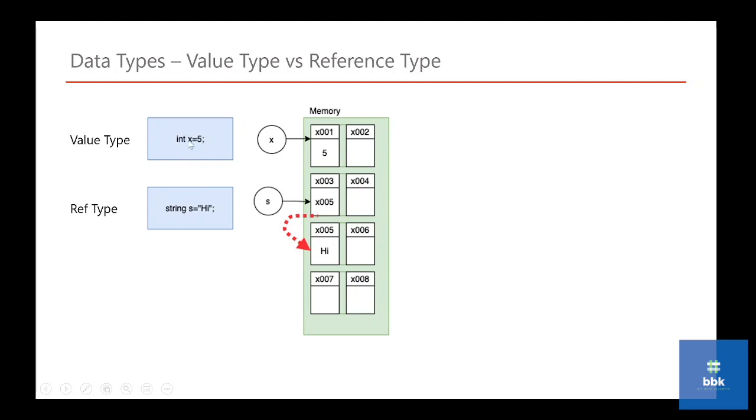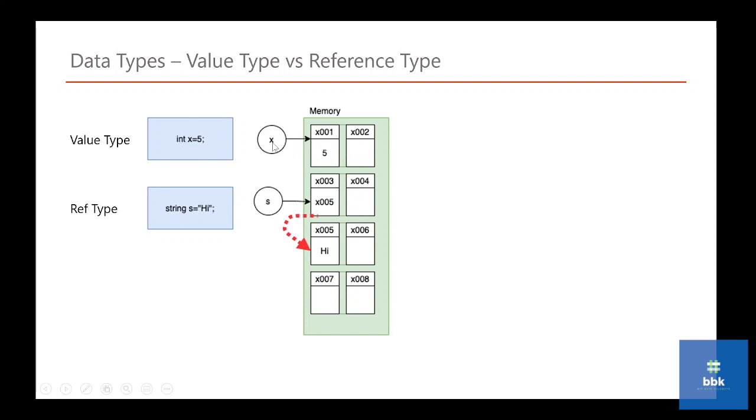Here you can see when I'm declaring an integer type variable x and storing 5 in it, 5 is allocated into one box in the memory, and x actually points to that box. So whenever you're trying to get the data of x, it will go here and get the data out of it. x contains the value directly.